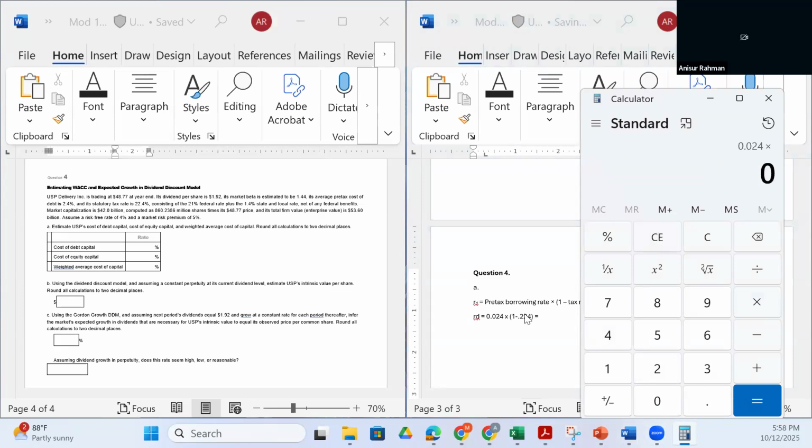Actually, let me calculate this one first. So 1 minus 0.224, now multiply by 0.024, which is 1.86% for 2 decimal places.